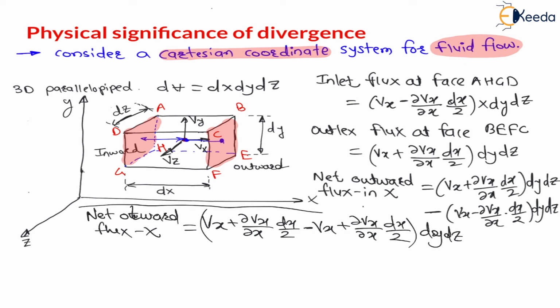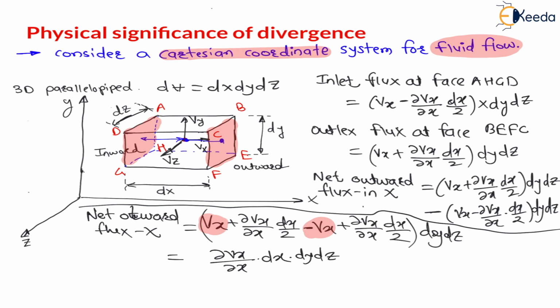So my dear students, see here Vx minus Vx will get cancelled. Here this half and this half will become 1, half plus half will become 1. Therefore, the answer will be dou Vx by dou x into dx dy dz. And my dear students, what is this dx dy dz? It is the volume of this very small element.